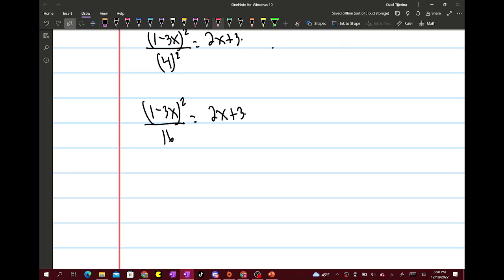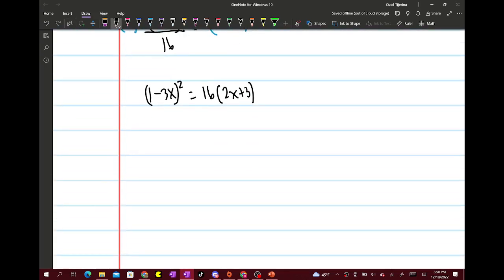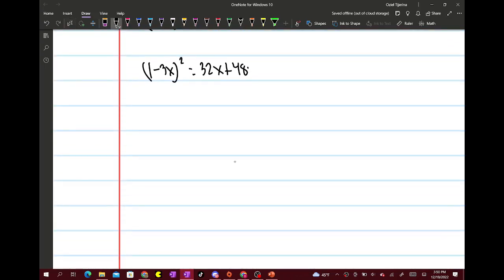So you're going to get rid of the 16 on the bottom. We're going to multiply by 16 on both sides. And this will give us (1 minus 3x) quantity squared equals 16 times the quantity 2x plus 3. So then this would be (1 minus 3x) quantity squared equals 32x plus 48, right? And now we need to FOIL this out.